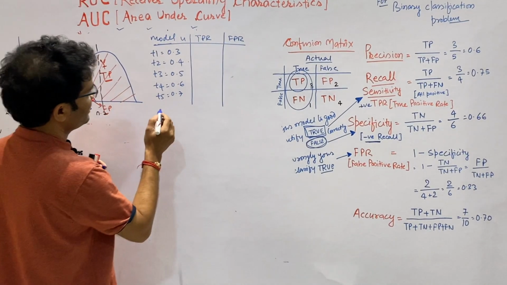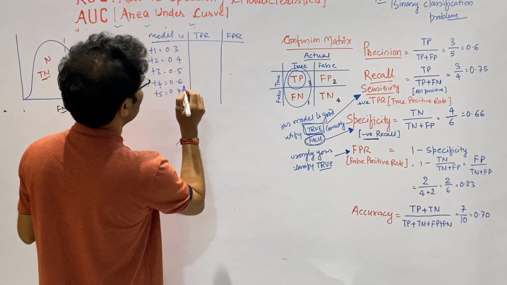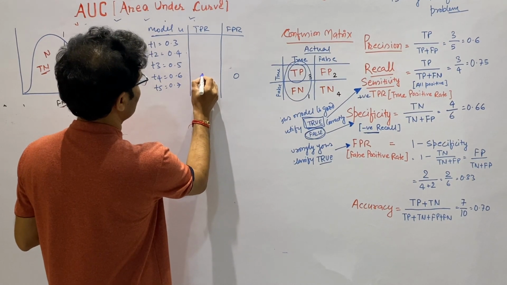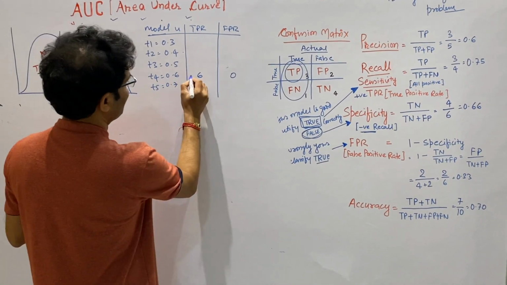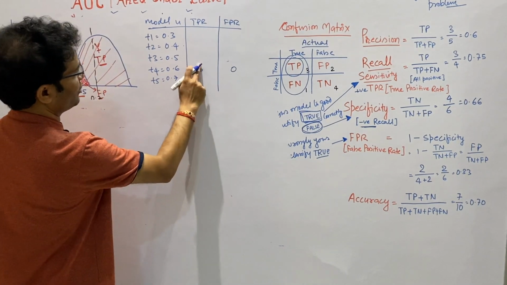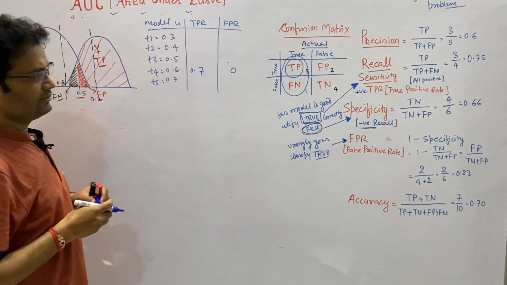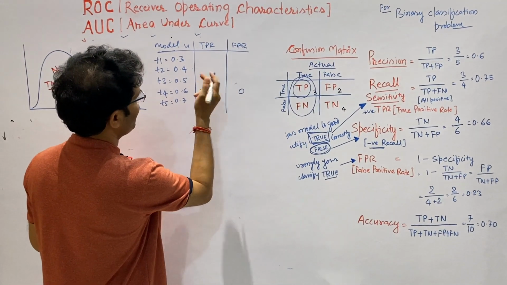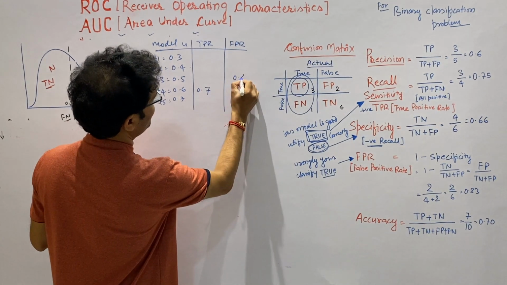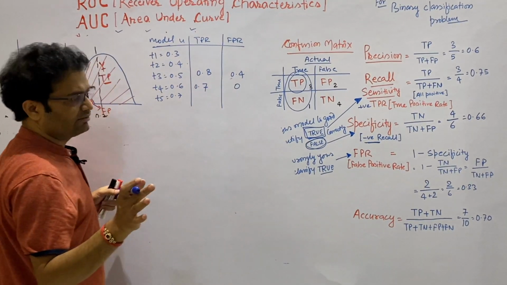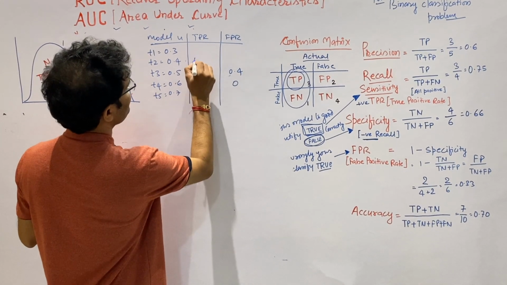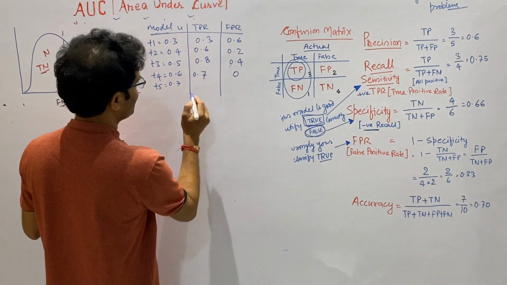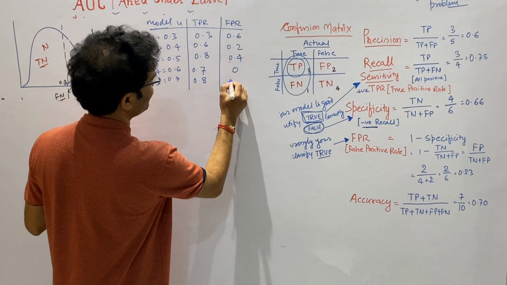So for, suppose, 0.6, your true positive rate was 0.7, and the same for the 5, take the example, this is 0.4 and this is 0.8. I'm just taking random numbers. And for the 4, suppose this is 0.2, and here this is 0.6, or here for the 4, suppose 1.